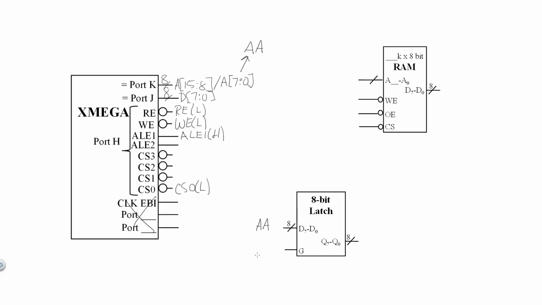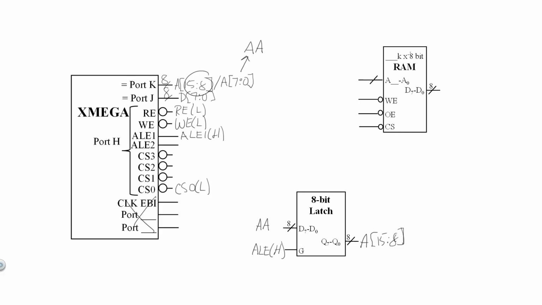And then the ALE1 signal will enable the latch when the high byte of the address is on the address bus. This will save the high byte to the output of the address latch. And then when ALE goes back false, the high byte will be preserved on the output of the latch so that we can use it to connect to other devices such as the SRAM.